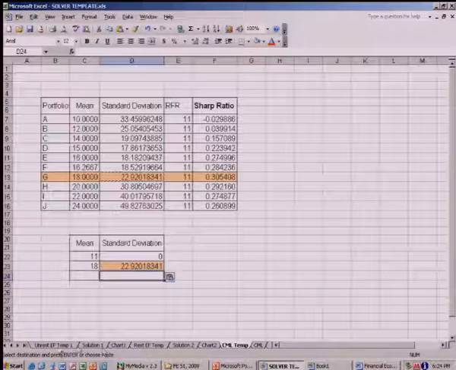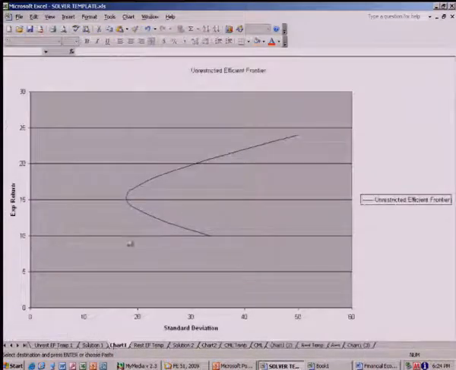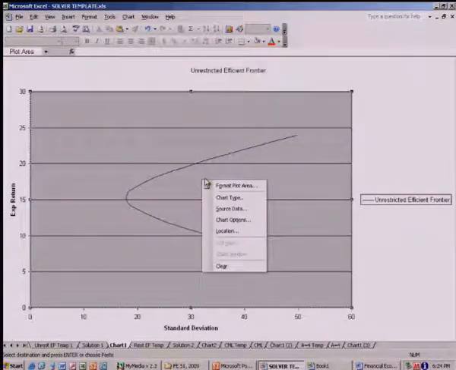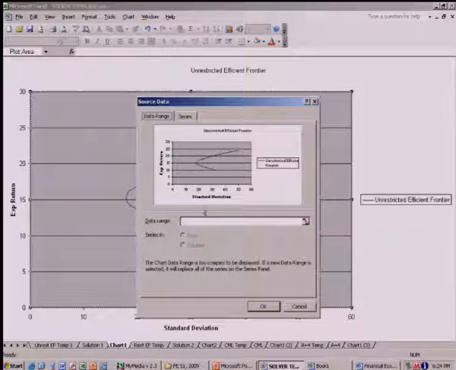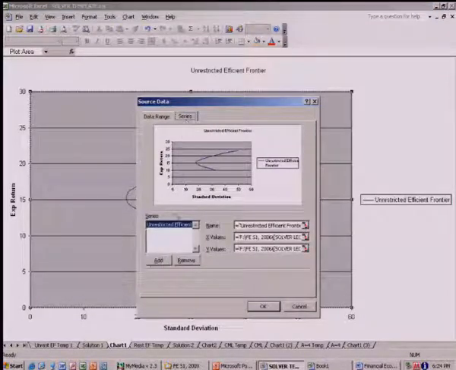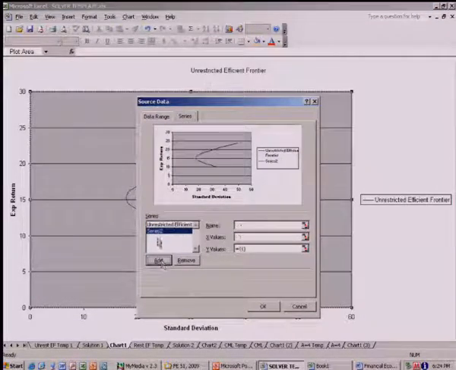If I use this information, where's my chart? This is my chart here. And if I right-click on my chart, and if I say source data, I go to the series here, and I want to add another series. I want to call it capital allocation line.